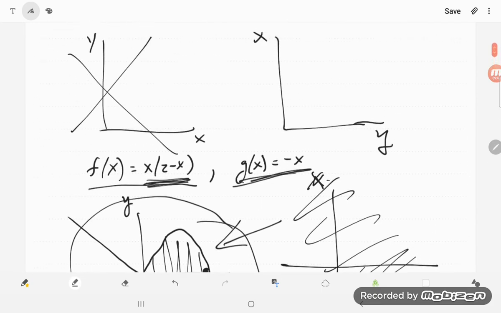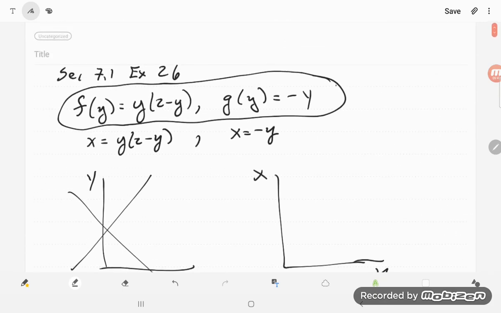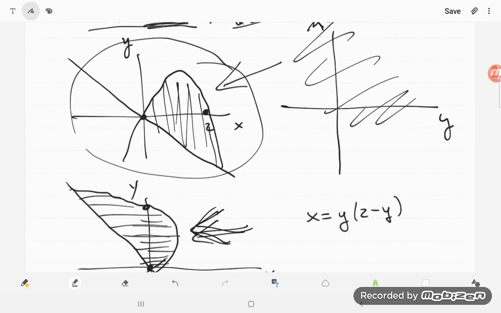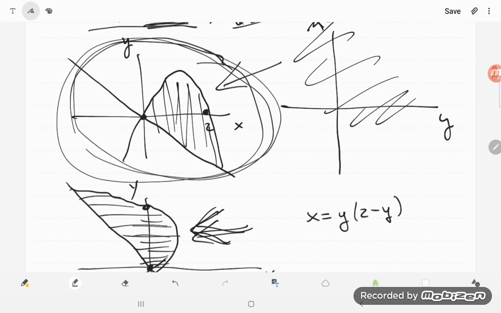Because it's still a perfectly good function of an independent variable. I just draw them that way, unless I have some very important reason not to. I am just going to draw it this way because that's what I'm much better at. Okay, so there's 26.